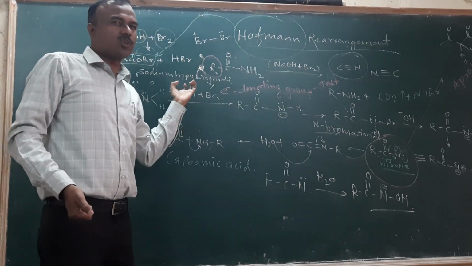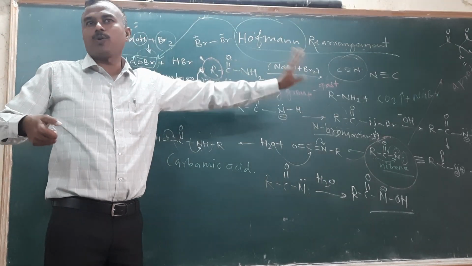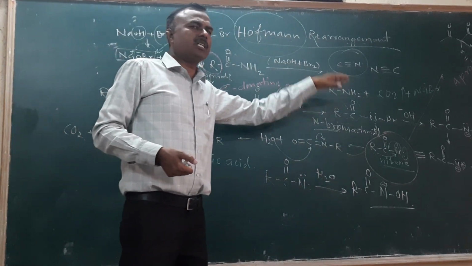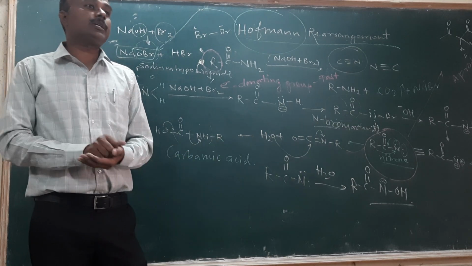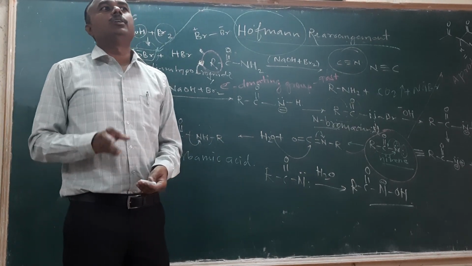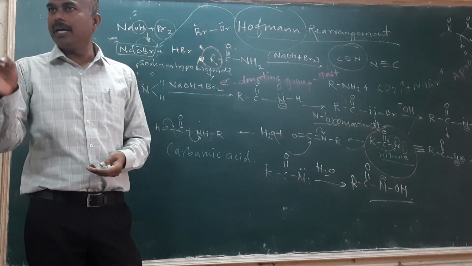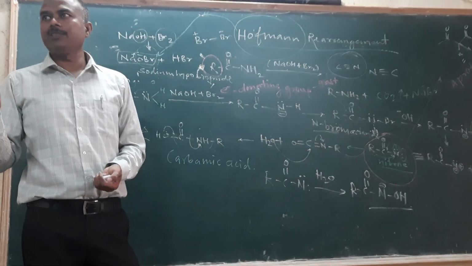If an electron withdrawing group is there, it will take a long time and give less product. If a long alkyl chain is there, the reaction becomes very sluggish, very slow. So this reaction is called the Hofmann rearrangement or Hofmann bromide rearrangement. Did you understand it? Yes, sir.